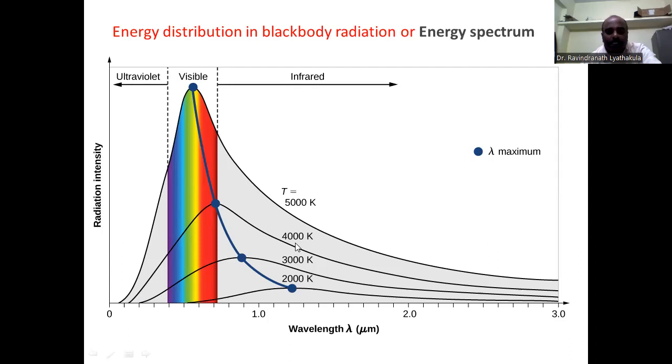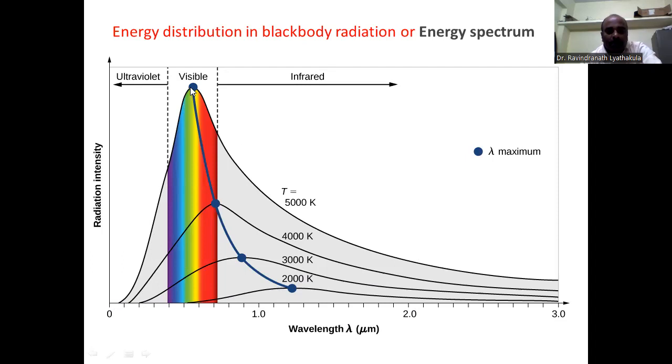When the temperature increases, the value of the area also increases. At any particular temperature, as the wavelength increases, the energy also increases and reaches a maximum value. Then it decreases with increasing lambda.